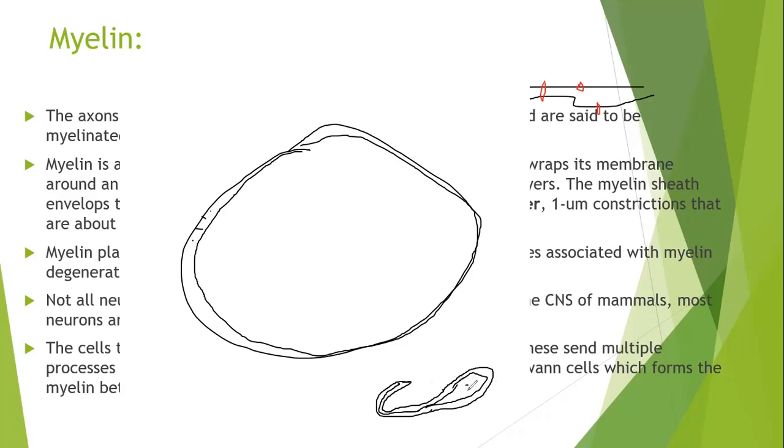Now this is the nucleus. So you can see as you squeeze out, if this is the axon here, as you roll it around the axon, you leave the two layers of cell membrane, but the cytoplasm is here.